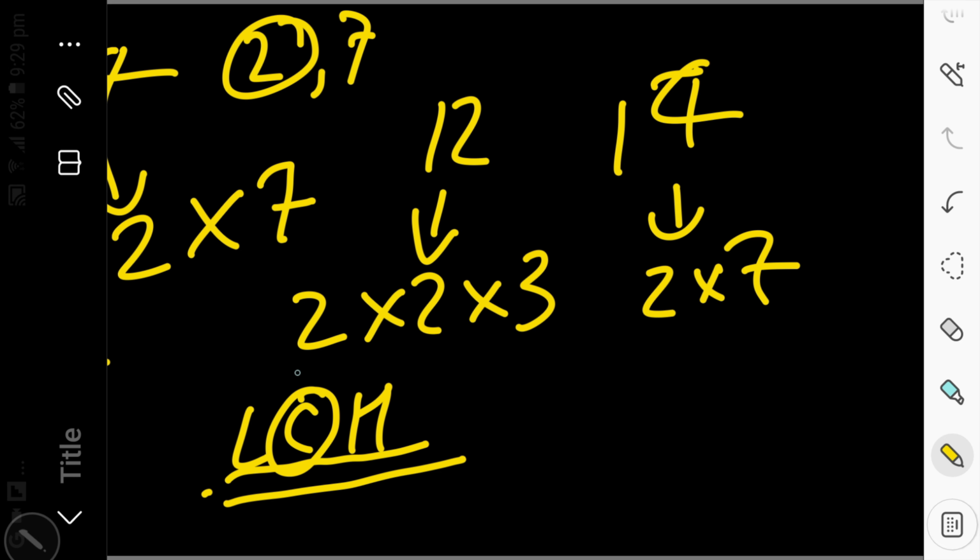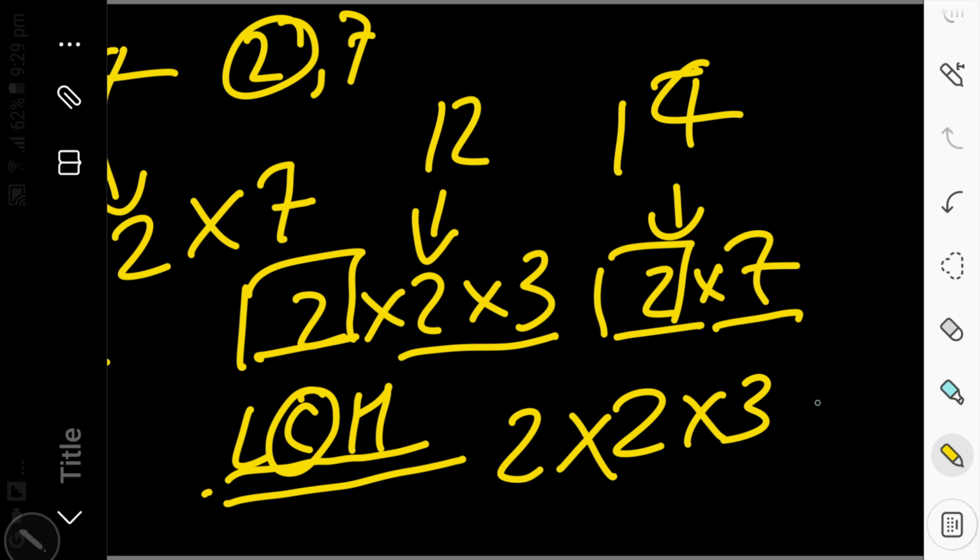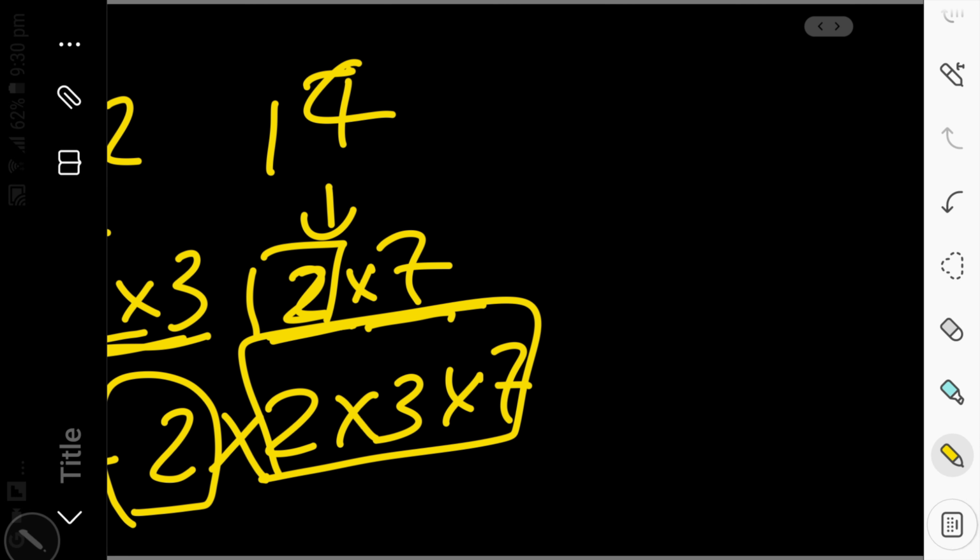First of all, you must find the common, which is 2. There is no other 2, only this 2 and this 2 match. So first of all, we put it here, then multiply the remaining numbers, 2 into 3, then into 7. This is the LCM. This is one of the methods.